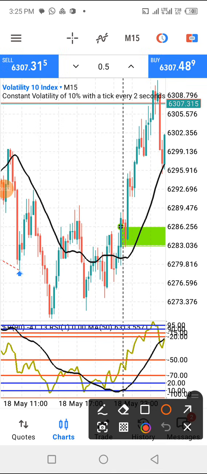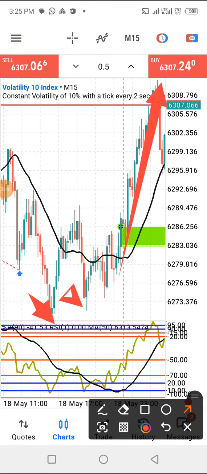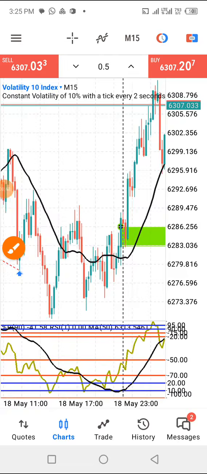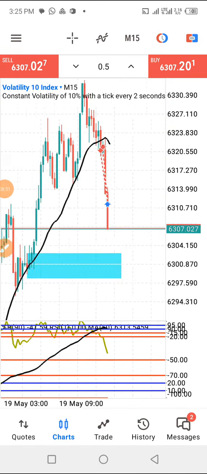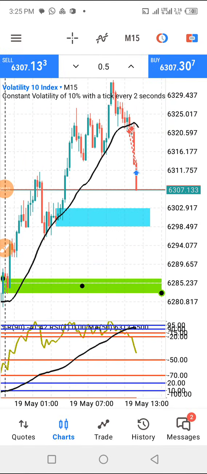So you open for buy, then you hold. You see, if you had opened and put your stop loss, you put your stop loss around this zone. No, it should be here. You see, you'd have held this trade all the way up. So that is that.